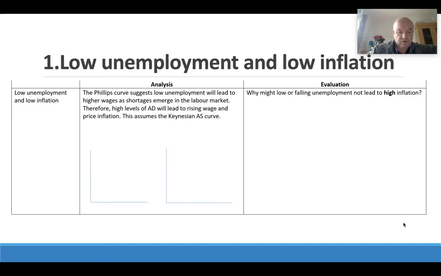Okay, so when we look at low unemployment and low inflation, we've obviously got that as our area of conflict. Then we've looked at analysis, which actually might help us to consider that, and this particularly is as far as the Phillips curve is concerned, explanations of that and how that might then influence things, and then the evaluation as to why low and falling unemployment might not lead to high inflation.